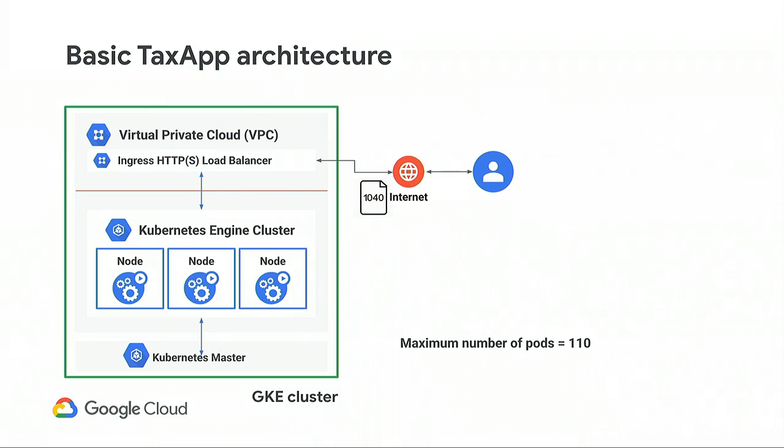We know that as we build out many features into our application, we would need more nodes, a lot more nodes. We know that for sure we would be reaching maybe even up to 1,000 nodes in our GKE cluster. How do we even manage networking for such large clusters?